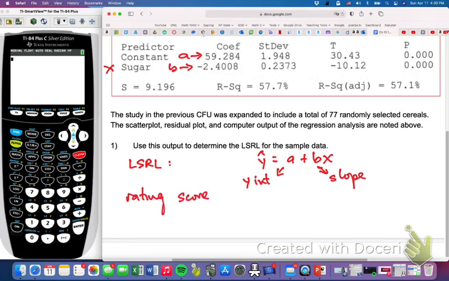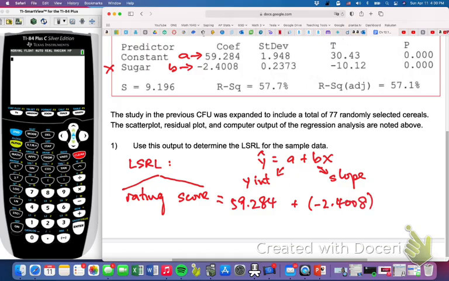So to write out this actual least square regression line, we need our y. Our y in this case is the rating, right? The rating score. And we got to put a hat on it, right? Put an inverted V. Equals the A, the y-intercept from the computer output, is 59.284.